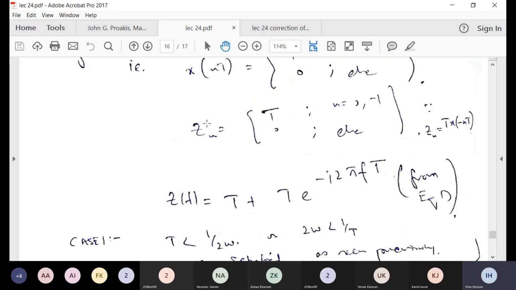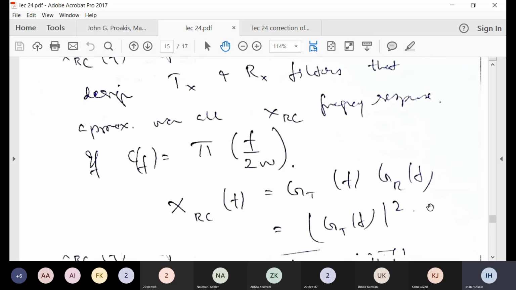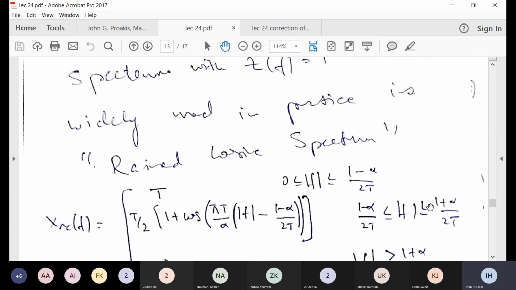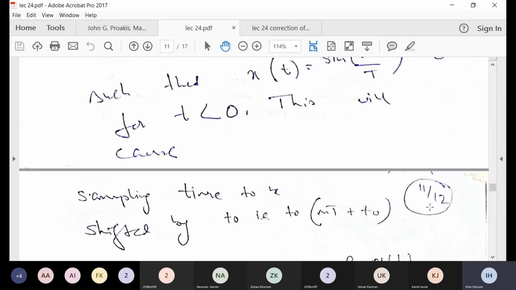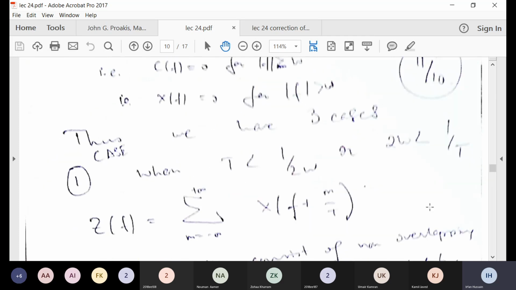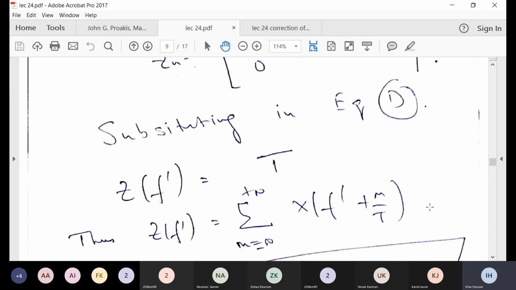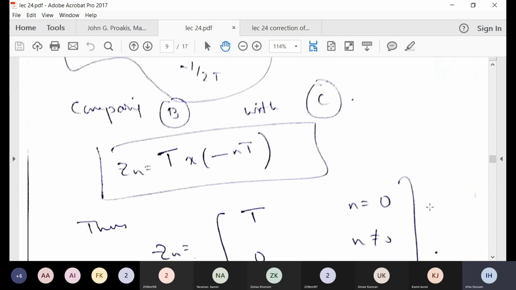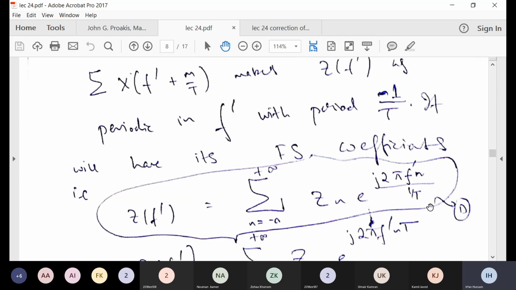Then z of n are the Fourier series coefficients. I can find my Z of f by putting in equation D. So z of n will be T for two values of n, and for all other values it will be 0.